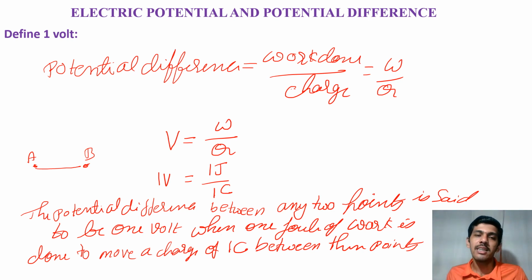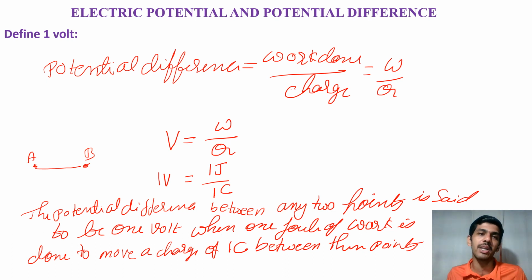That is, if we do 1 joule of work in moving 1 coulomb of charge between these 2 points, then the potential difference between the 2 points is said to be 1 volt. That is the definition of 1 volt.